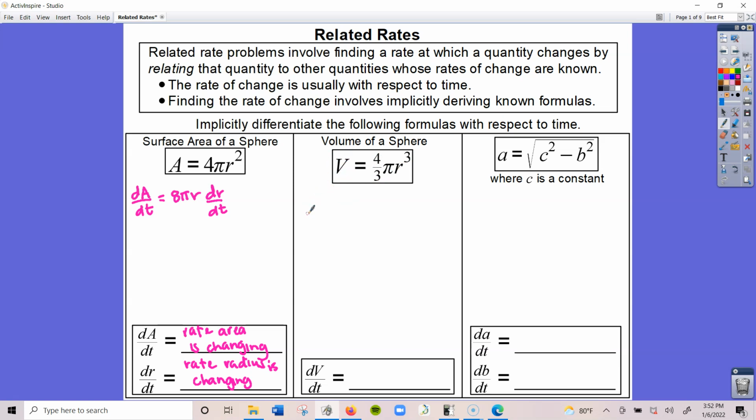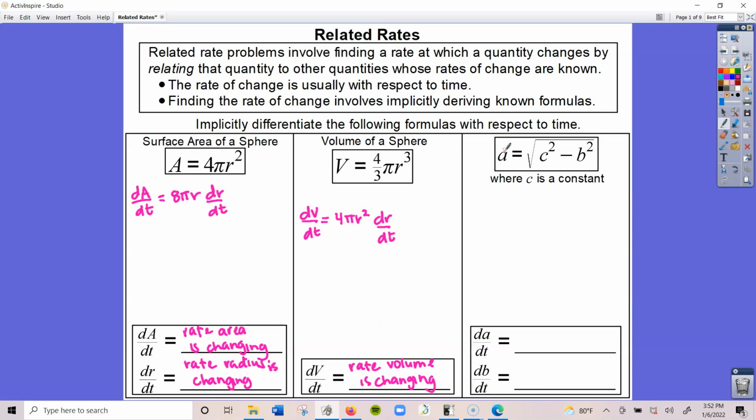The derivative of V, dV/dt, is going to equal, now I'm going to multiply the 3 with the 4 over 3, so that would be 4 pi r squared, and then the derivative of r, which is dr/dt. Now dV/dt is going to represent the rate at which volume is changing. And dr/dt is the same as this one here, the rate at which the radius is changing.